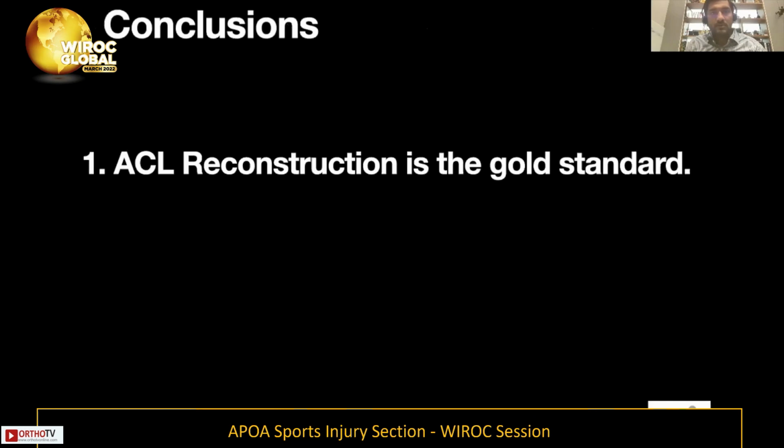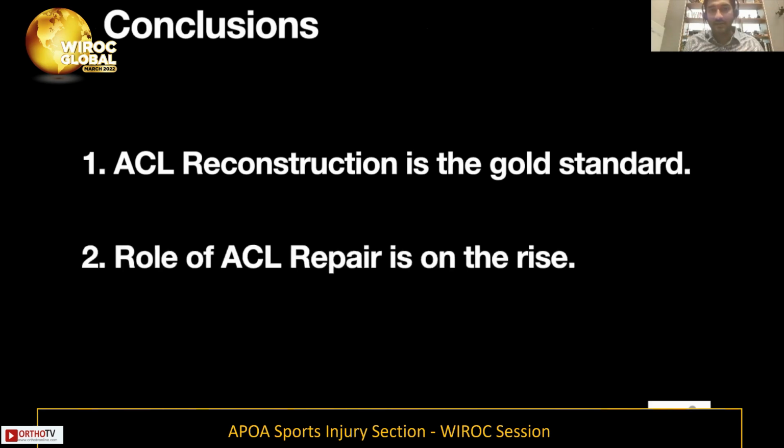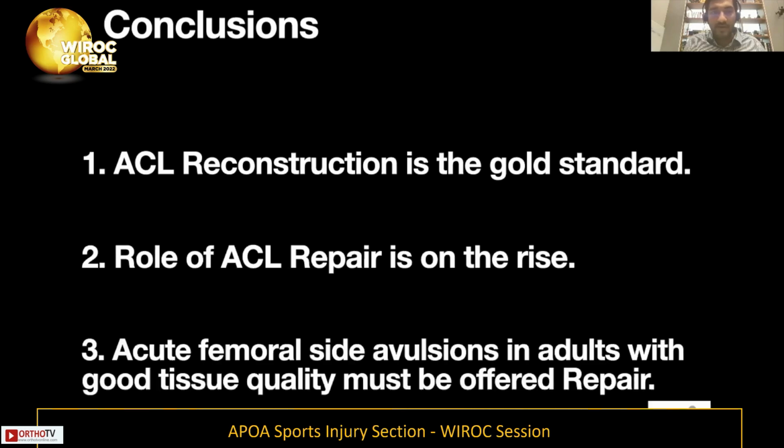So the conclusions of this talk are: number one, when we talk of ACL repair, overhauling primary ACL reconstruction, we need to for sure say that ACL reconstruction is still the gold standard. Two, the role of repair is definitely on the rise.